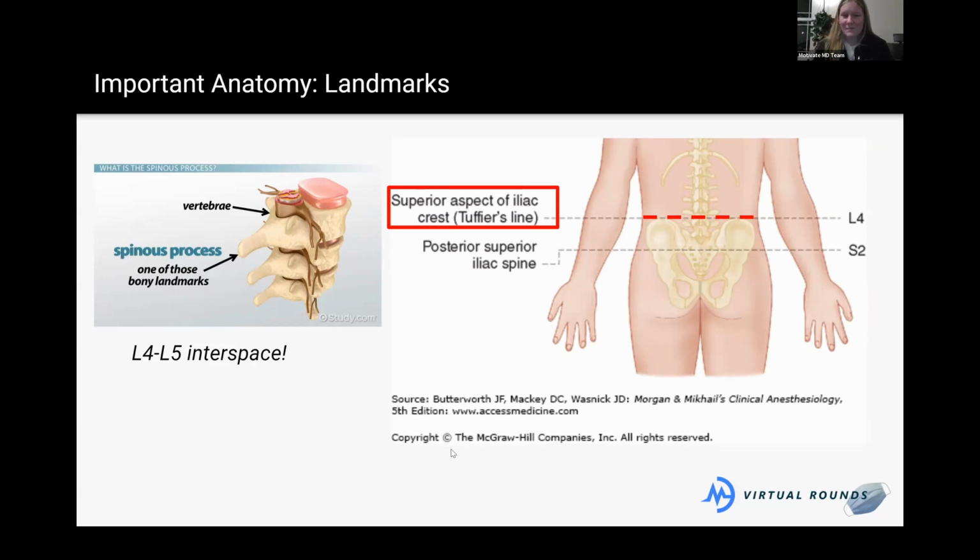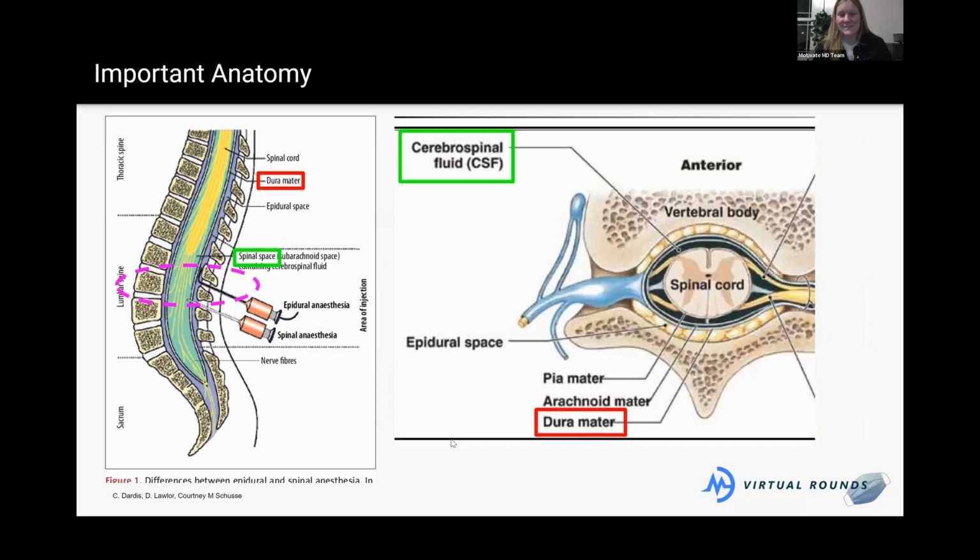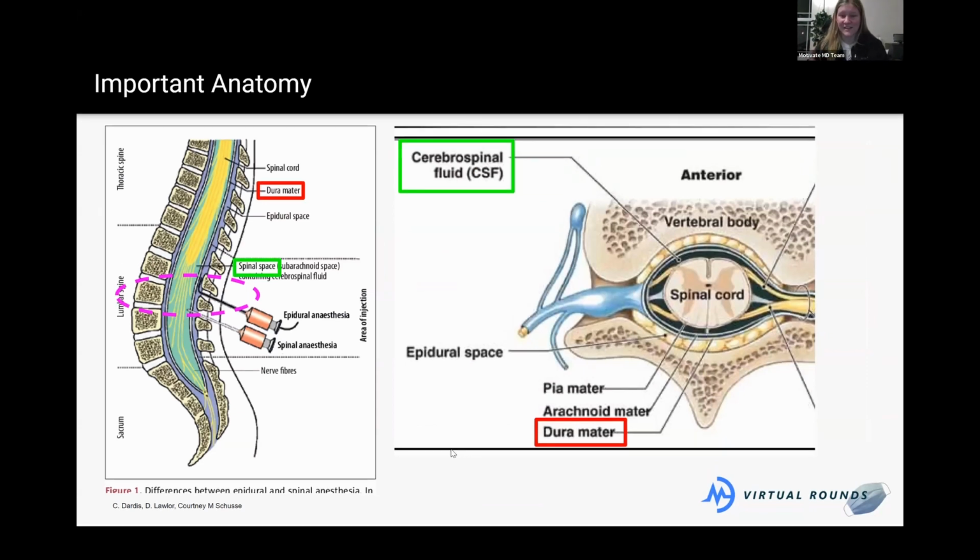I hope this is not too confusing for you guys, but I really wanted to emphasize where the drug is actually going. For the epidural anesthesia, I have that in this red color coded box here. You can see that the dura, or the lining or meninges around the spinal cord, is sitting like a layer above it. The actual drug is going to sit in this tiny space outside of the dura mater.